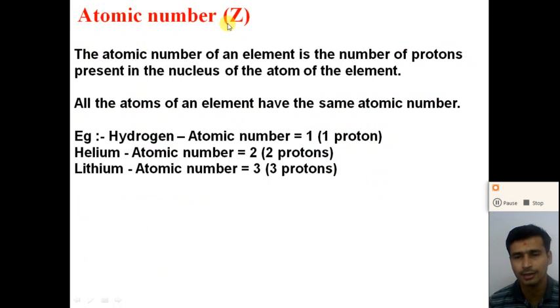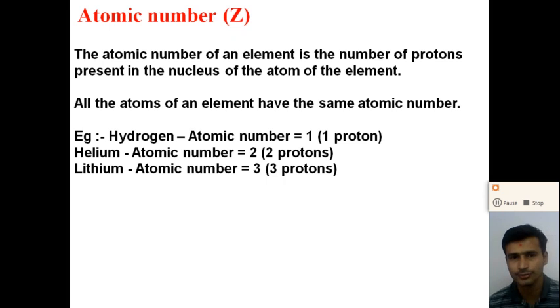What do you mean by the atomic number? First of all, the atomic number is represented by capital Z, right? The atomic number of an element is the number of protons present in the nucleus of an atom of the element. So the atomic number Z represents the number of protons present in the nucleus of the atom, right?